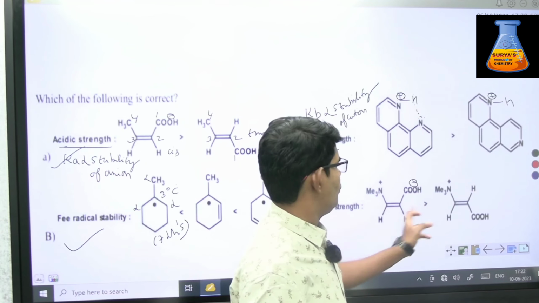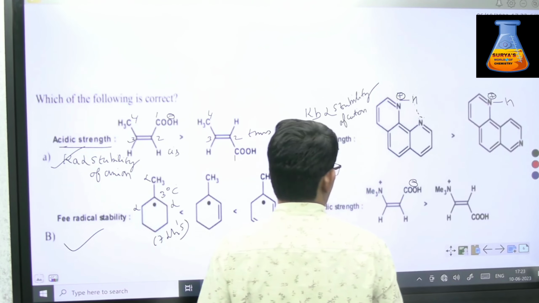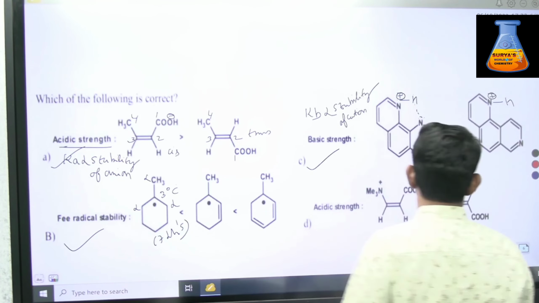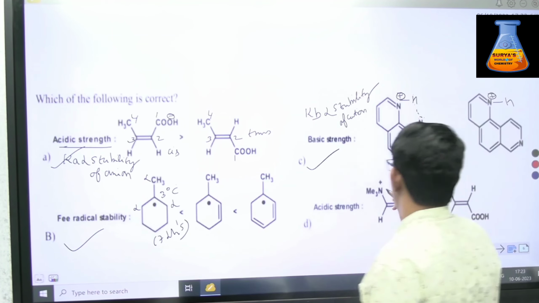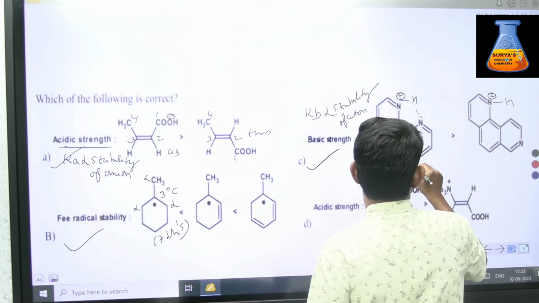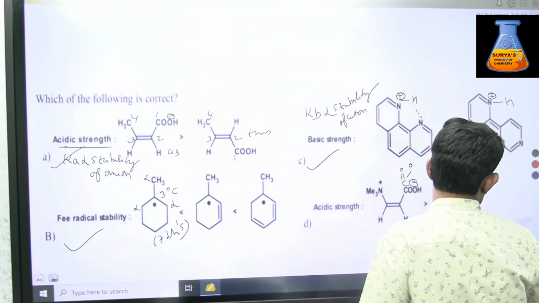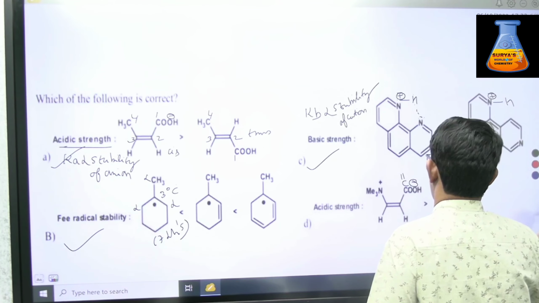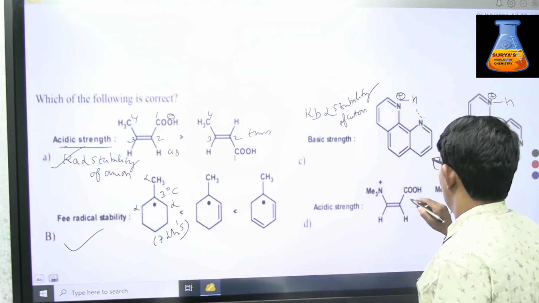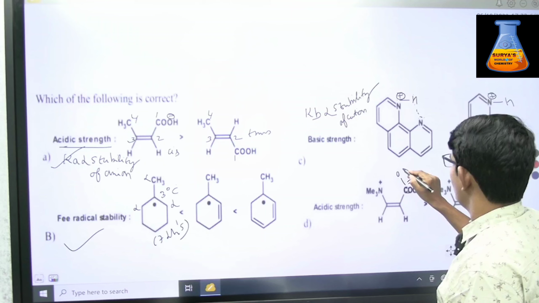So do you think that the hydrogen atom here, after releasing H plus ion, you will have something like this, right? C double bond O minus. Or you can take, here you have C double bond O minus.